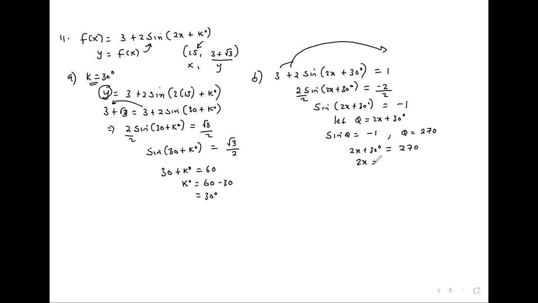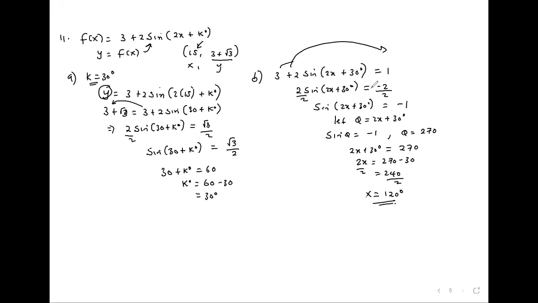So we have 2x is 270 minus 30, which is 240. Divide by 2, divide by 2. So x is equal to 120 degrees. That's how we solve that one there.